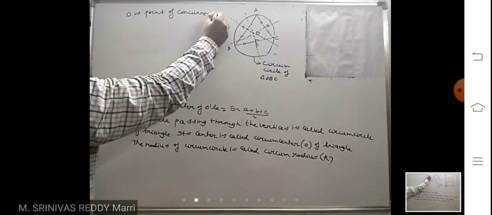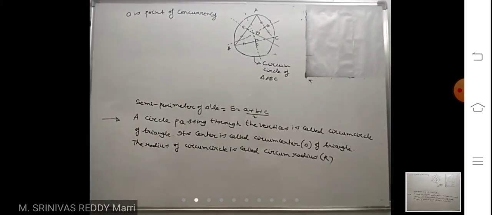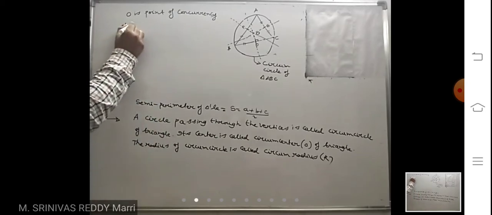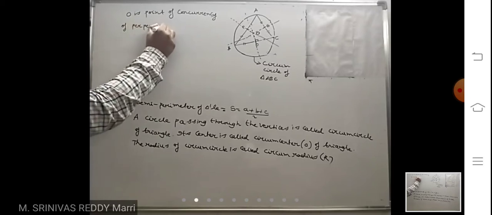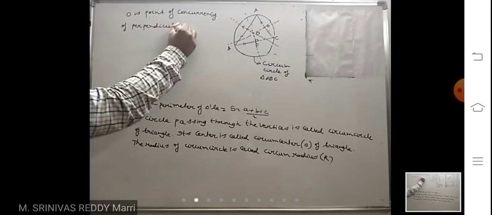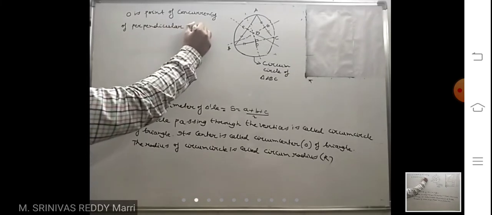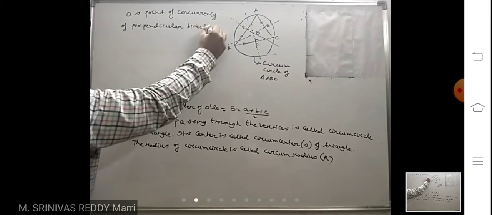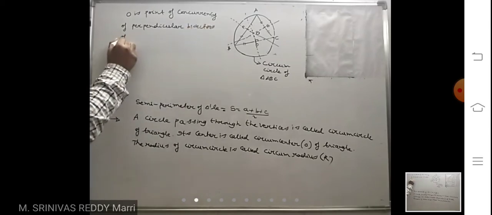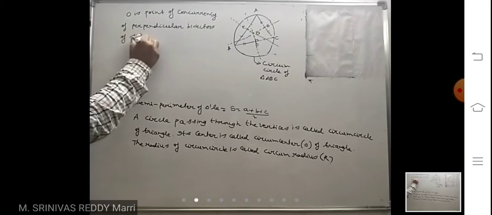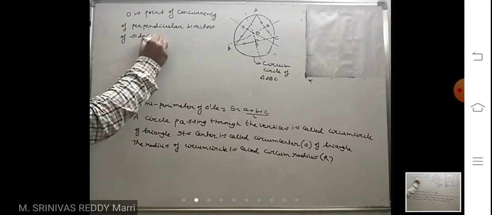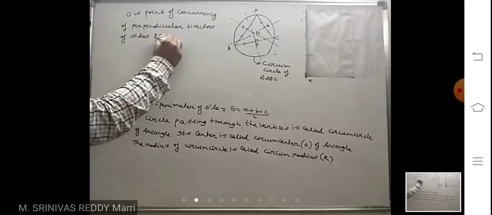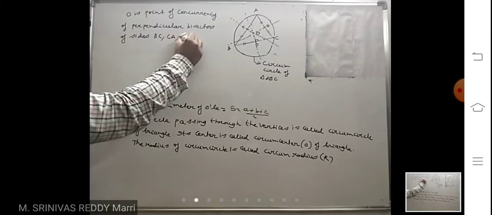Point of concurrency means the intersection point of all three perpendicular bisectors of the sides BC, CA, AB.